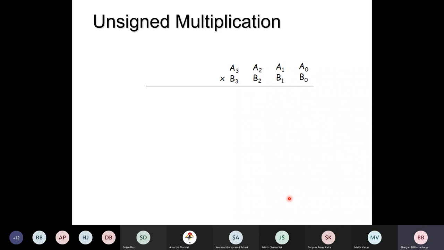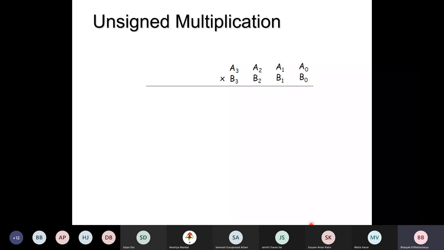We presented an example to show that if it is a negative number, then the result may be invalid. So in general, we consider unsigned multiplication and then later on adjust the sign. And subsequently, we will study Booth's algorithm, and you will see how negative numbers can be handled.